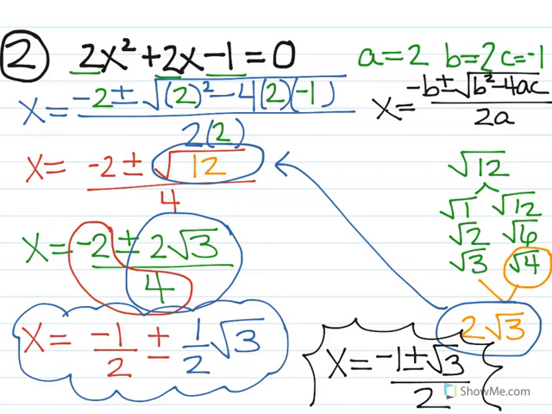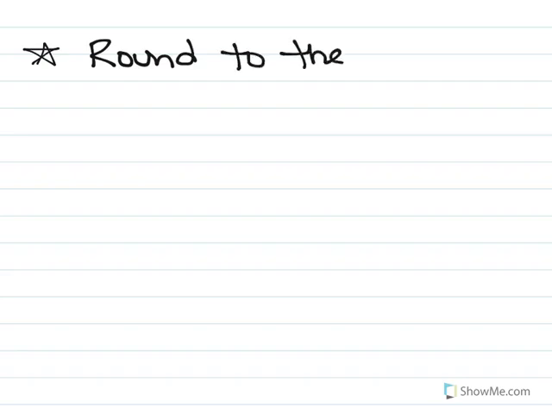Now, oftentimes, they ask, like on the Regents, to round to the nearest whatever. So in this next one, we're going to round the answer that we just got to the nearest 100th, just to work on our rounding skills.